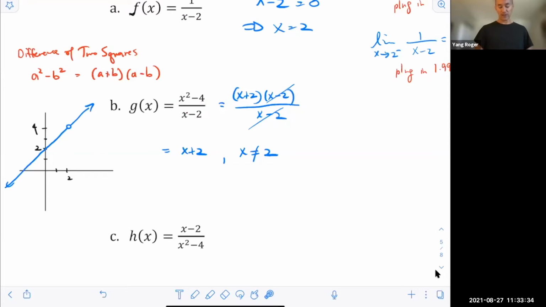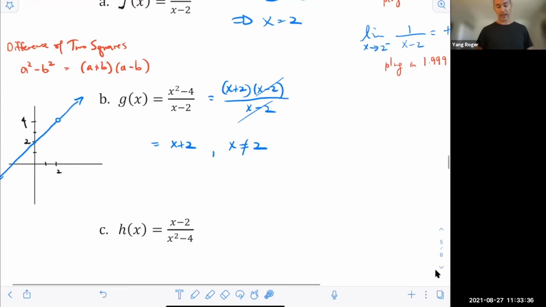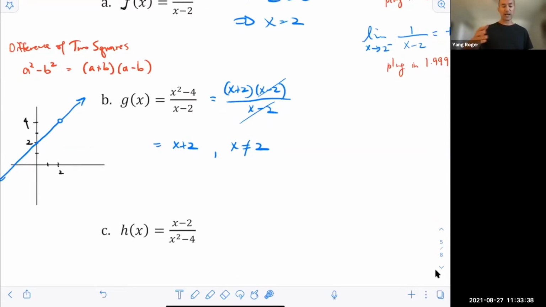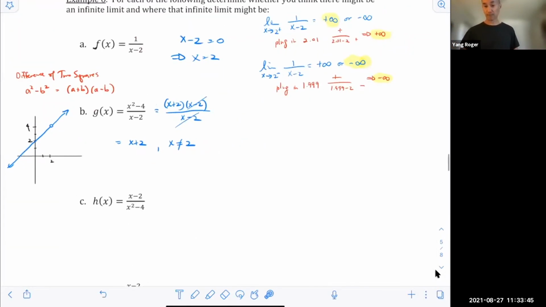So I have a question for you. Do we have a vertical asymptote? Do we have an infinite limit here or not? I would say this has no infinite limit.